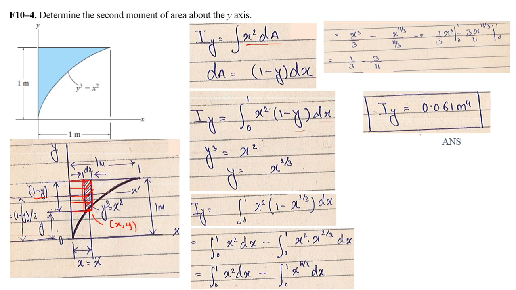So these integrations were very simple. But what if we had considered a horizontal strip? How can this problem be solved if we consider a horizontal strip instead of this vertical strip that is parallel to the y-axis and satisfies the condition of equal moment arms?